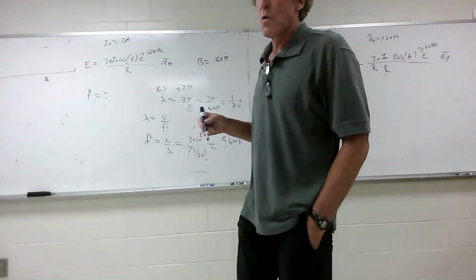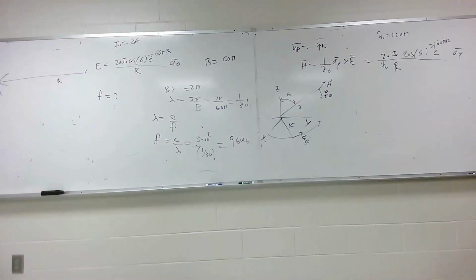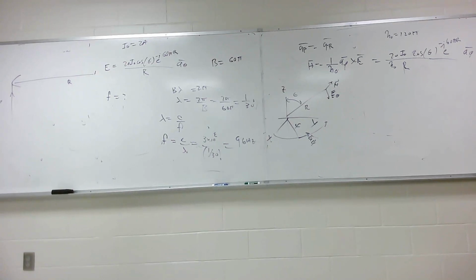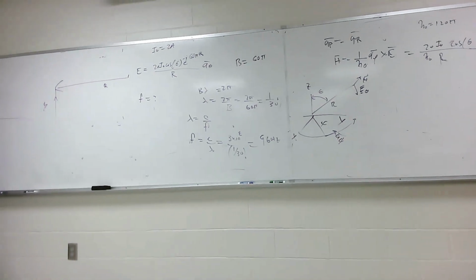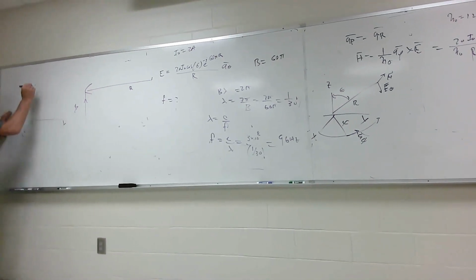A lot of times spherical coordinates take a little while to get a handle on. So it's in the A phi direction because you're crossing E and H. Remember, the E field is in the theta direction. Some people don't have a good appreciation of this. If you think about spherical coordinates, and I'm going to put this as x out of the board, this y, and this z.